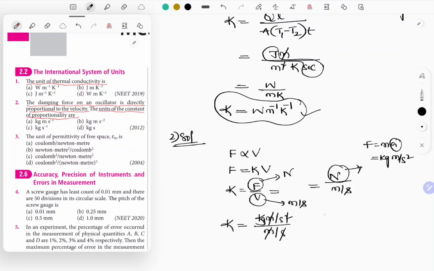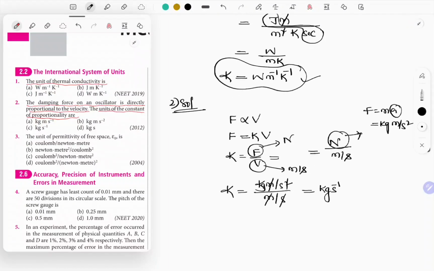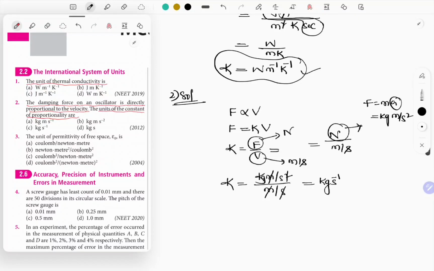The final unit you get is kg second inverse. This is the unit of the proportionality constant when damping force is directly proportional to velocity of the object. So here K is equal to kg second inverse. This is the second question. Hope you understood, guys.